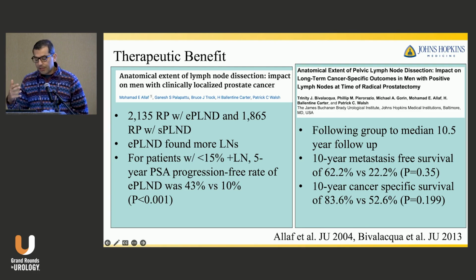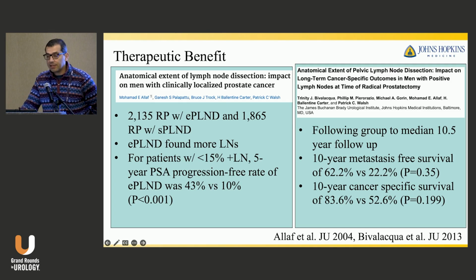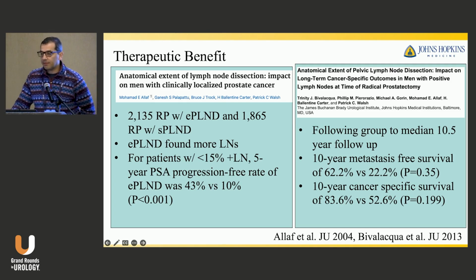If you looked at patients with less than 15% lymph node density, the 5-year PSA progression rate with an extended pelvic lymphadenectomy was 43% compared to 10% with the standard lymphadenectomy. So this suggests a potential therapeutic benefit to lymphadenectomy, but also that an extended pelvic lymphadenectomy may be superior to a standard lymphadenectomy.